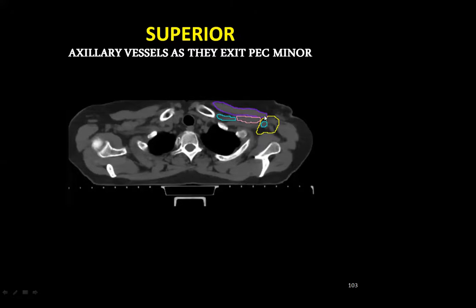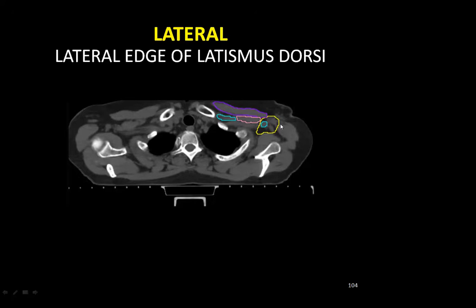This is the exit of the pectoralis minor muscle, and this is the boundary for the upper border of the level 1 axillary group of lymph nodes. Laterally, this is the latissimus dorsi, and this, as I told, is the fat space around where you should contour the line. Don't go beyond the outer boundary of the pectoralis major muscle.